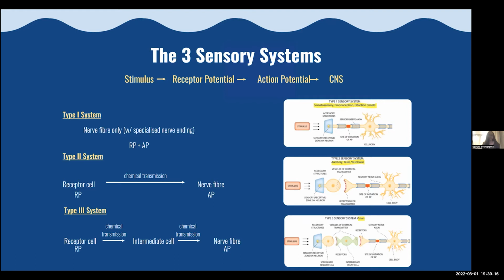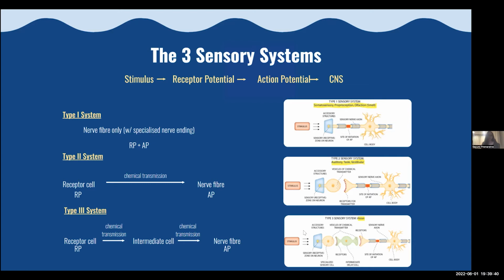But with the type 2 system, we have a receptor cell on its own, and that will produce the receptor potential. And then it will communicate with a nearby nerve fiber through chemical transmission. So that's things like releasing neurotransmitters and stuff. And then that nerve fiber will produce an action potential.